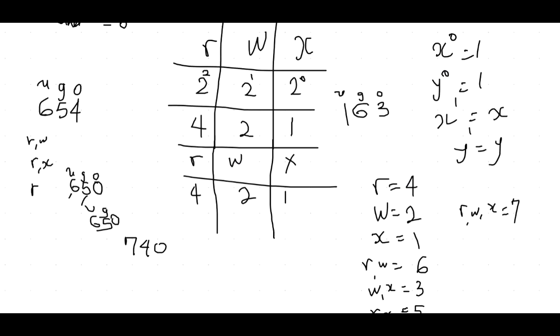All right. Does it make any sense? Are we clear now? Can we move on? Yes. What I understand is it's easier to get it when you just write out the RWX table and then keep 4, 2, 1 under it.